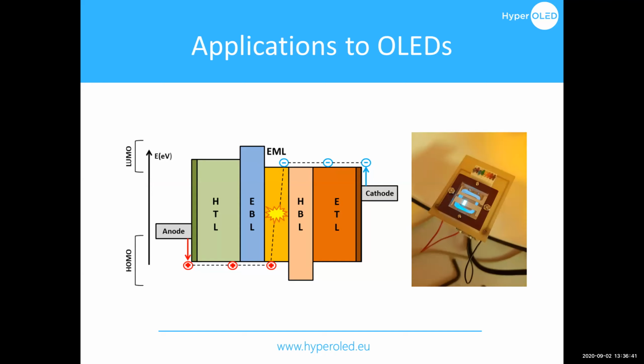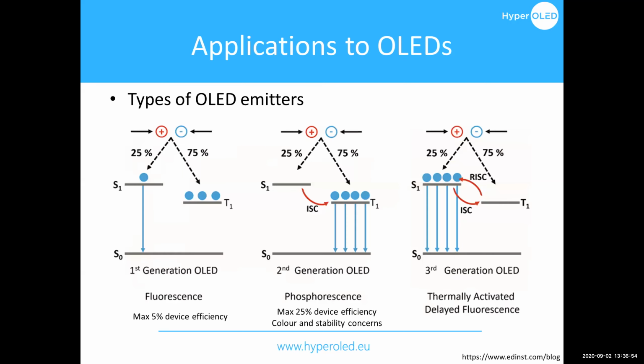When you excite an LED, you're injecting uncorrelated holes and electrons, and by the random combination of spin up or spin down, you're going to generate emissive singlet states only 1/4 of the time, whereas 3/4 of the time you get triplet states, which for normal fluorescent materials just don't emit on a time scale that's suitable for LEDs.